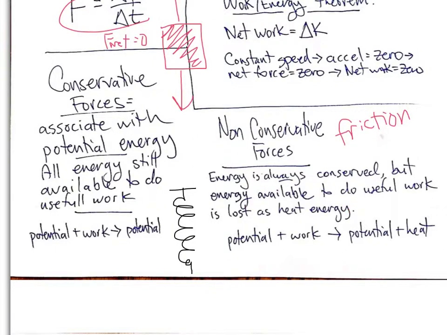So while in the universe energy is always conserved, the energy available to do useful work is lost, and in general it's due to heat energy. So friction increases the speeds of the molecules in the surfaces, and that heat energy can't then be turned back into lifting a block or something like that.